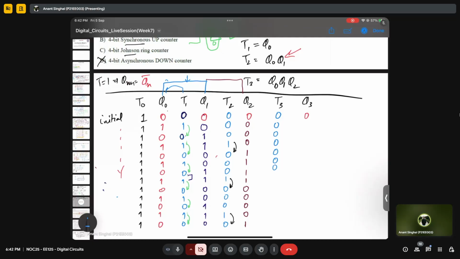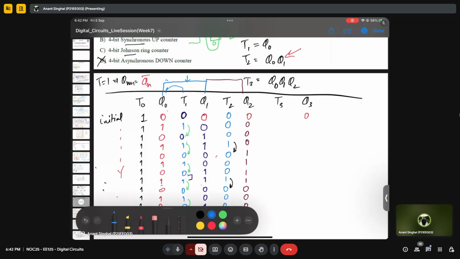This will be 0. Now here 1, 1, 1. Sorry, I think, let me write. Not sure if I got the timing correctly. Okay, I'll try to make horizontal lines. It is not very clear.